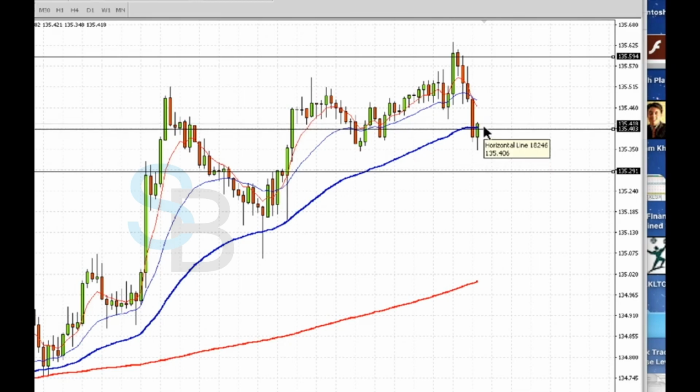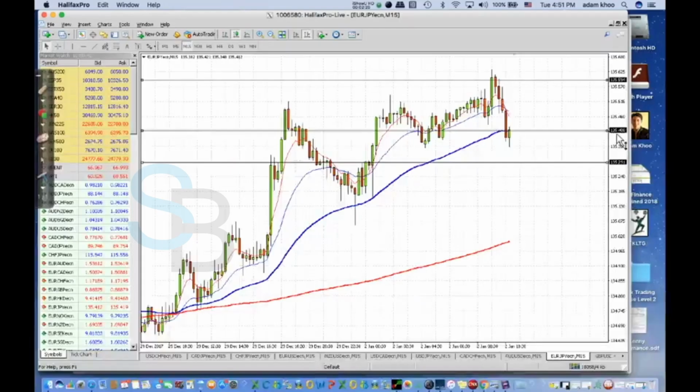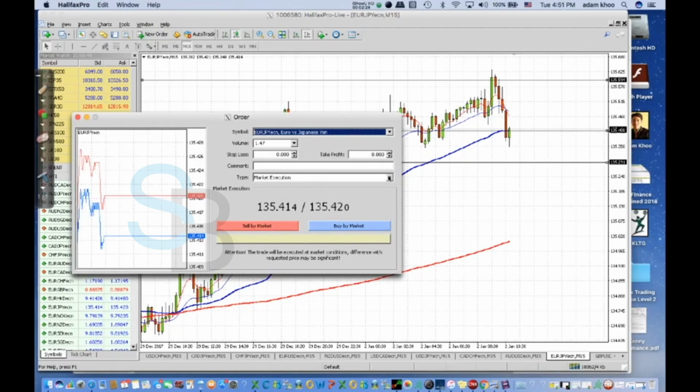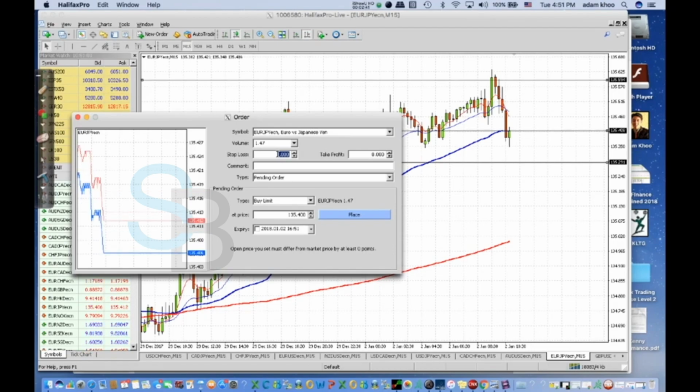So let's put it somewhere there, 135.4. Stop loss 8 pips below, so 135.40 minus 8 pips will be 135.32.